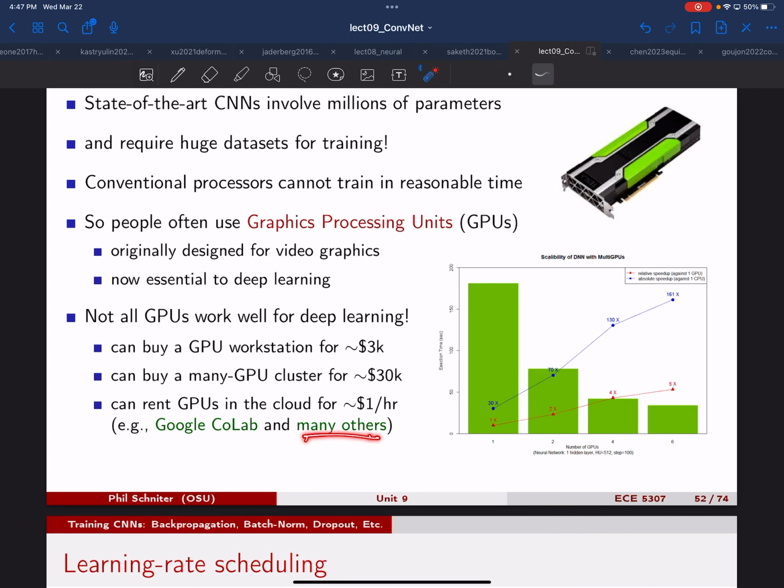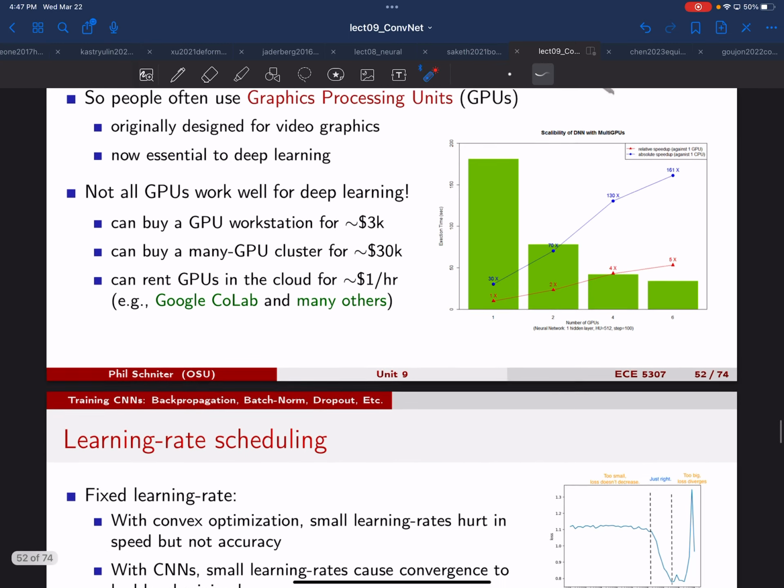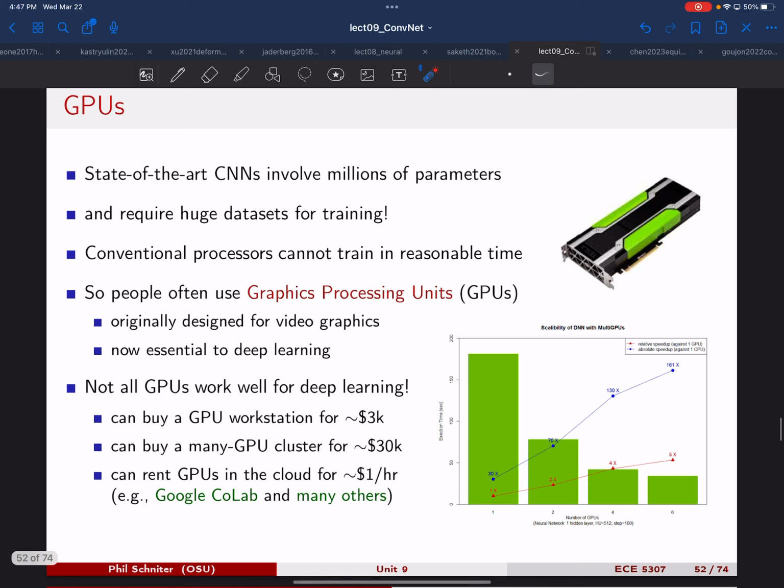So if you click on this link, you get a list. So for your final projects, I know that some students do like to take advantage of these resources because maybe they get frustrated that their laptops don't run fast enough. They'd like to train more models. Okay. Any questions on GPUs or anything like this?